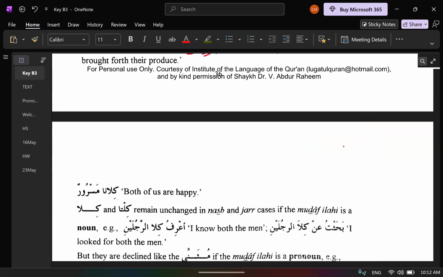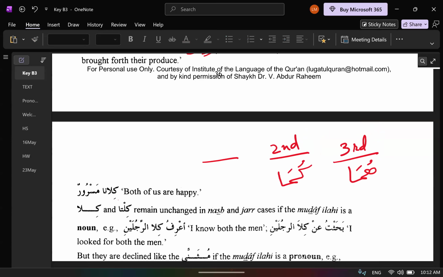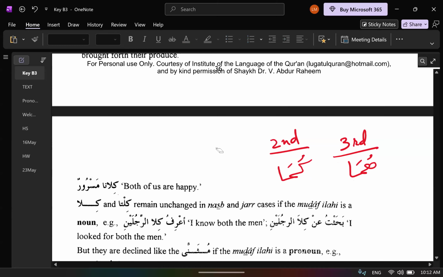So for third person, what is the dual? Huma, right? What is it for second person? Huma, right? In ana and nahnu, we don't have duals. So for first person we don't have a dual, and we have to keep that in mind. So that's why.